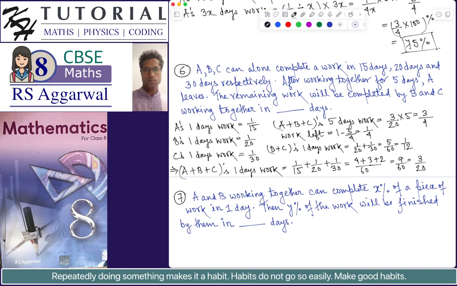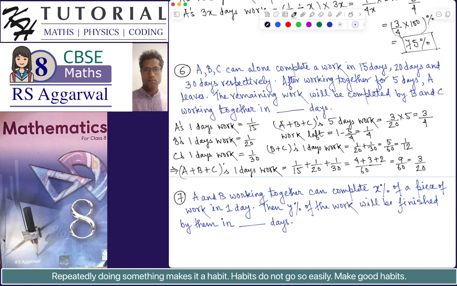So B plus C's 1 day's work is 1 by 12. Now we have to find in how many days B and C, working together, will complete the work of 1 by 4.